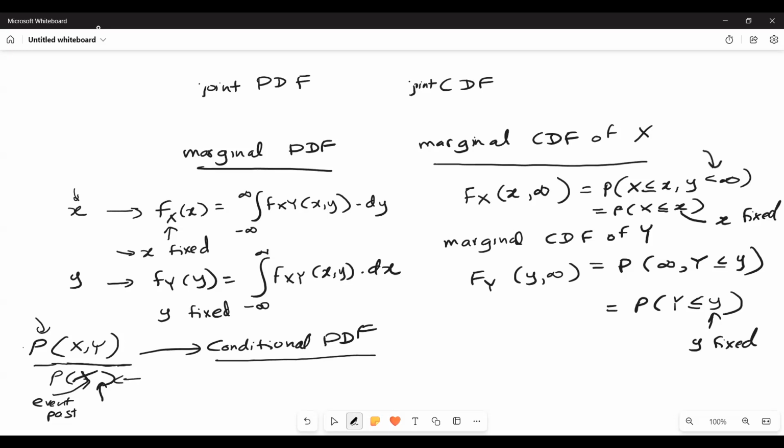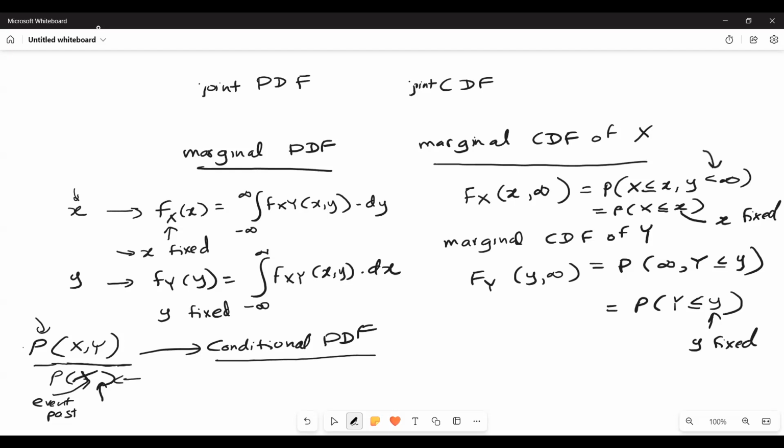So when we discuss the probability density functions and how we can define the conditional probability density function, we need to know the probability density function of a certain random variable, and based on that probability density function, we can find the probability of another event occurring using the joint PDF function.